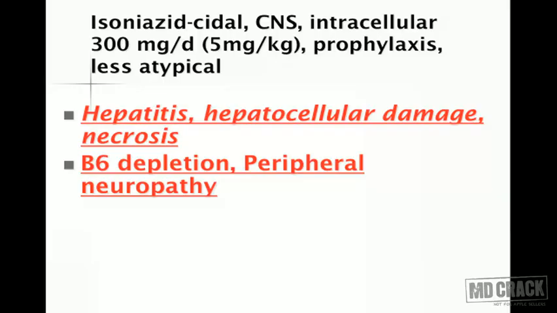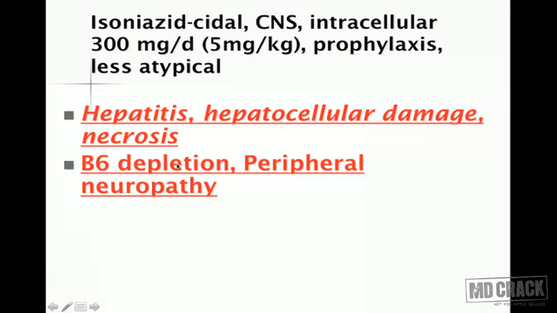Next important adverse effect with isoniazid is that it depletes vitamin B6. I hope you remember what vitamin B6 is. It's pyridoxine. INH depletes or utilizes vitamin B6. And as you know, vitamin B6 is required for the functioning of the nerves. So when B6 gets depleted, the patient can get peripheral neuropathy.